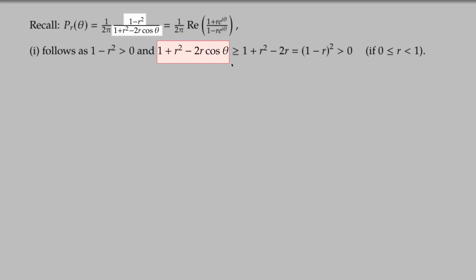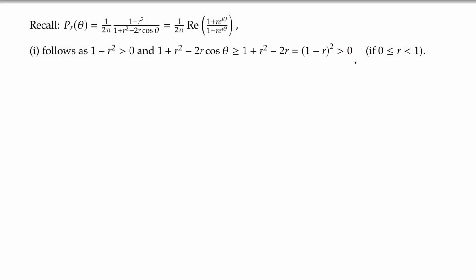What's the smallest that it could be? It's smallest when cosine is 1. So this is precisely the square of 1 minus r, and as long as r is less than 1, this is strictly positive. So p sub r is a positive number over a positive number, so it is positive.